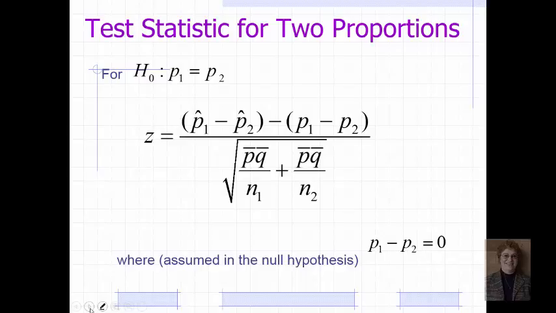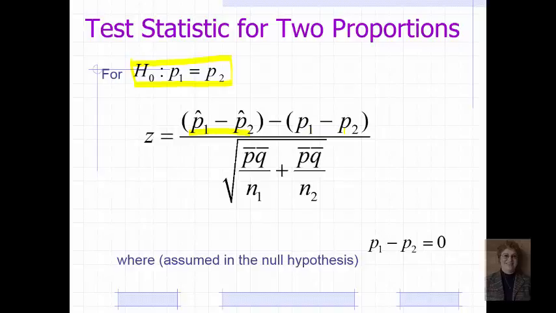And here's the equation that we're going to use. Now, our null hypothesis is always that the two proportions are equal. And we're going to look at our sample proportions and find their difference. And then we're going to look at the proportions that we assume are true in the null hypothesis.